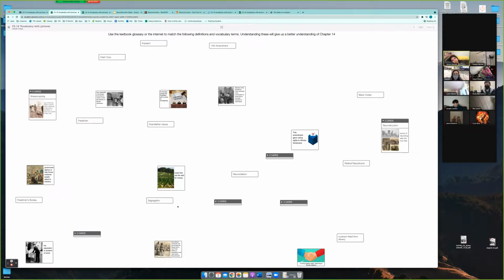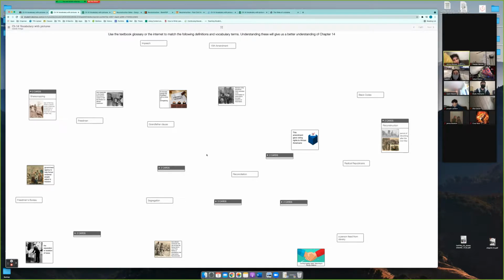Okay, Johnny Lopez, I know you know this next one. What's a cash crop? Perfect, a crop that can be sold for money, right? You're making a profit off of it. So it's not only you and your family are going to eat it, but you're going to sell it for money.